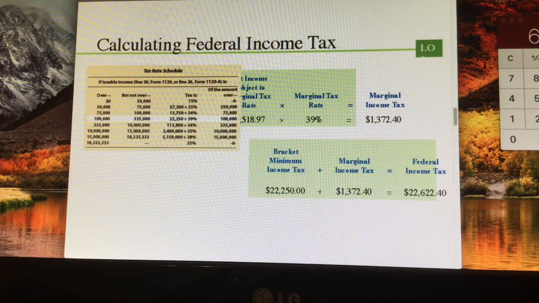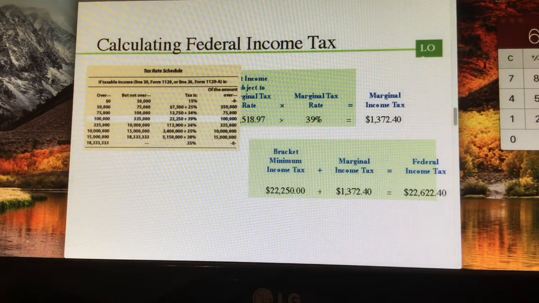So the first bracket is from 0 to 50,000 with a tax rate of 15%. Then it jumps from 50 to 75, and you account for the first 7,500, and then it's 25%. And then it jumps to the next one, from 75 to 100,000, where you account for the first 13,750, and then it's 34%.